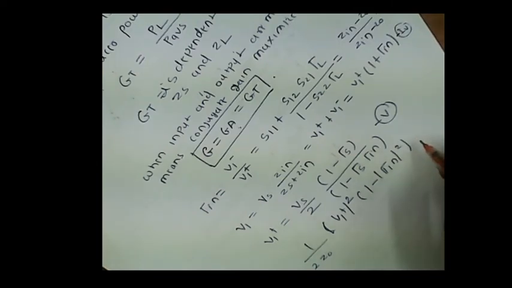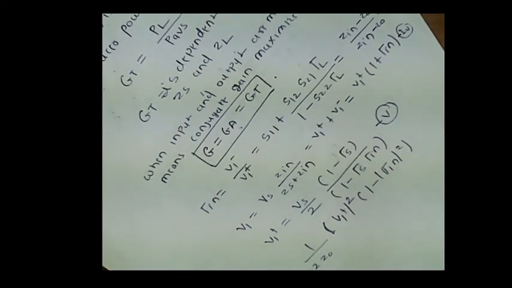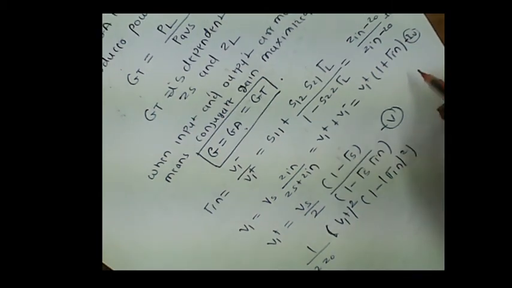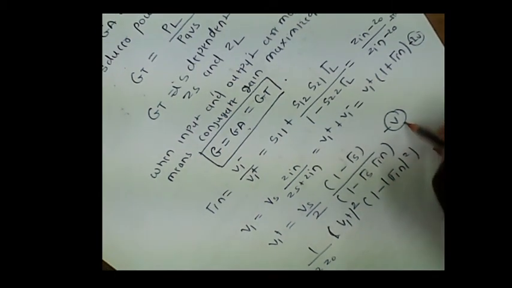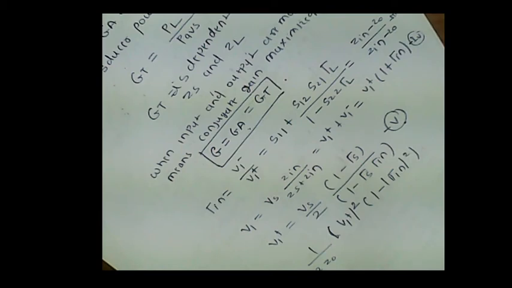So put the value of V1 plus from equation 5. So we can get the power delivered to the network in terms of the voltage source.